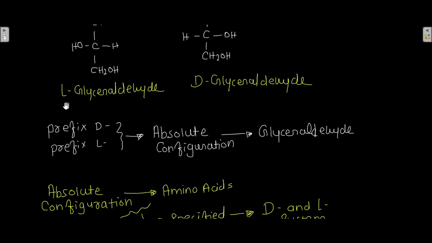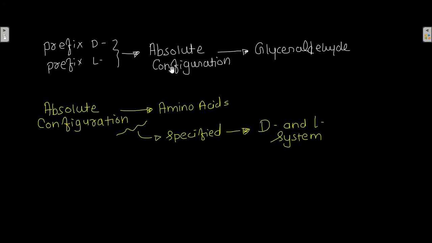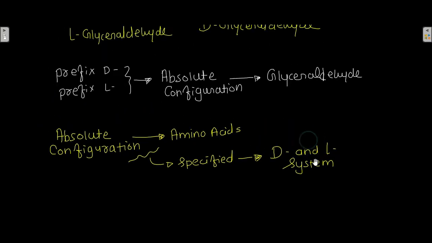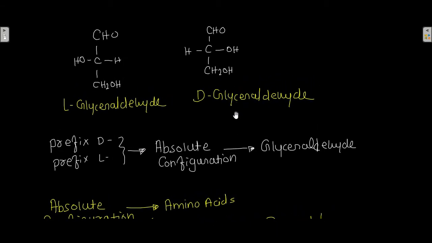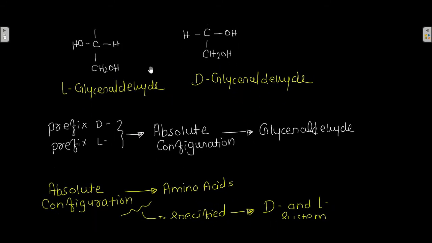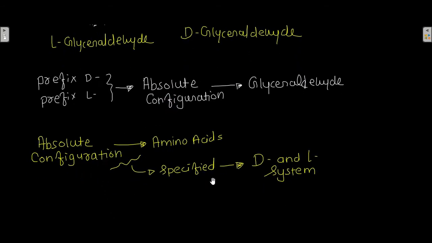Now the prefixes D and L in this diagram represent the absolute configuration of glyceraldehyde. In the same way, the absolute configuration of amino acids is also specified by the D and L system.